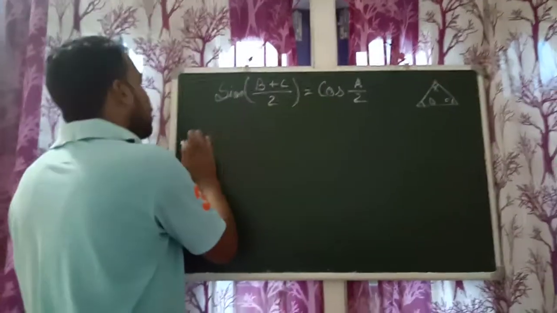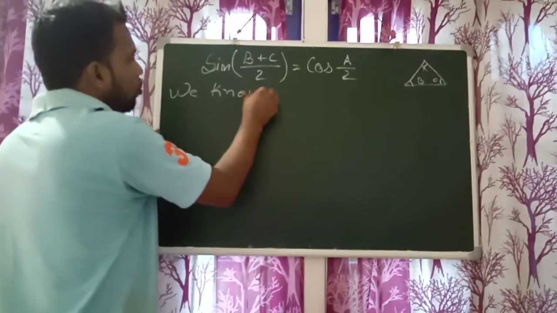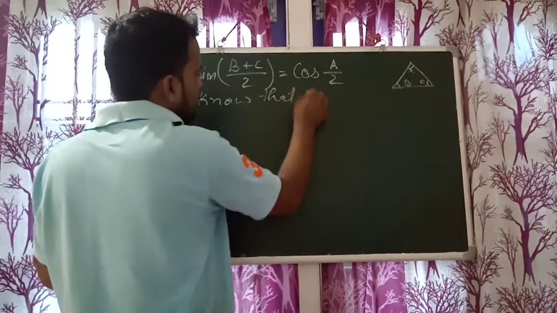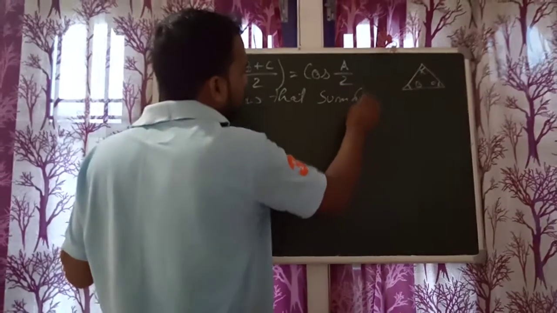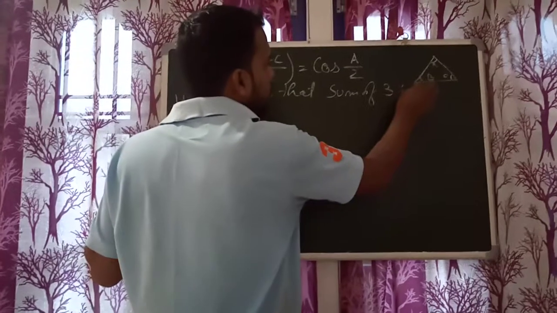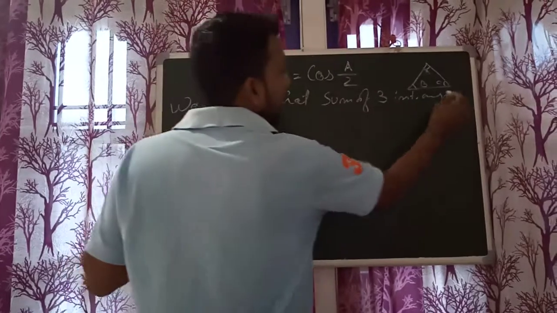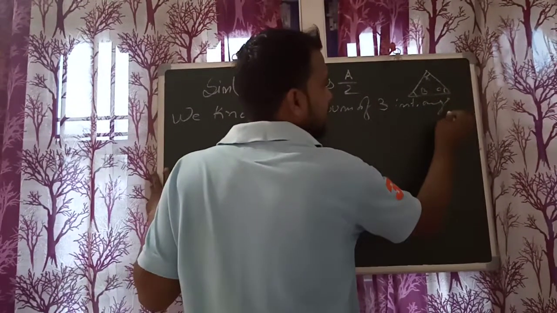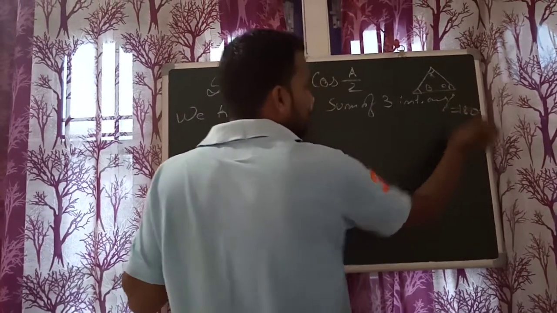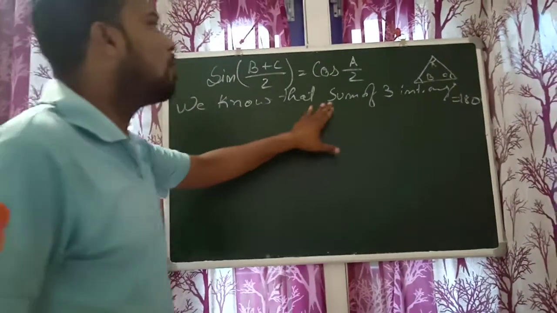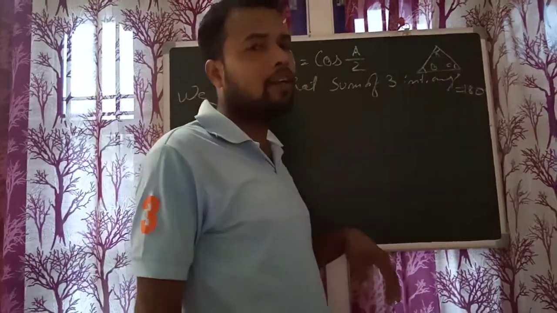Okay, now here you have to write, we know that sum of 3 interior angles of a triangle is equal to 180 degrees. You write it like this: we know that sum of 3 interior angles of a triangle is equal to 180 degrees.